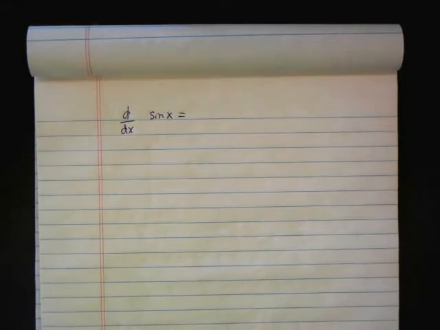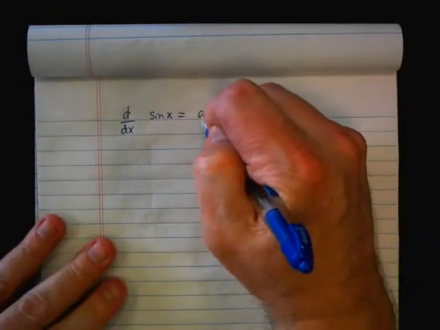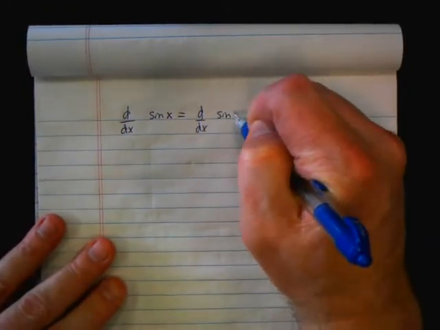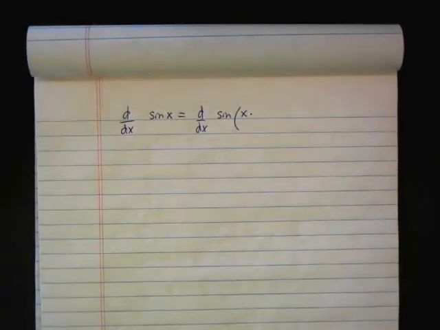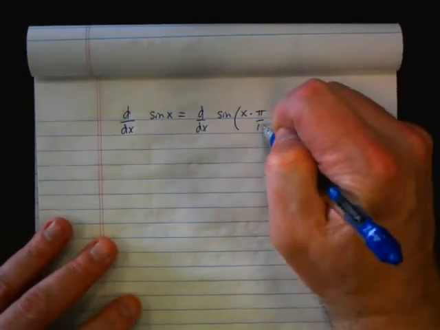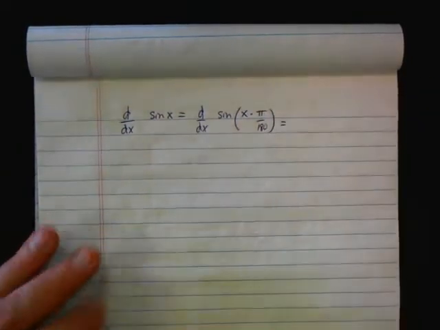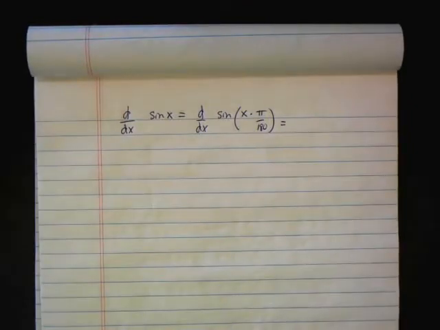If x is in degrees, then what you have to do is convert it to radians. How do you take degrees and convert them to radians? Pi over 180. And then what's the derivative of sine of x times pi over 180?